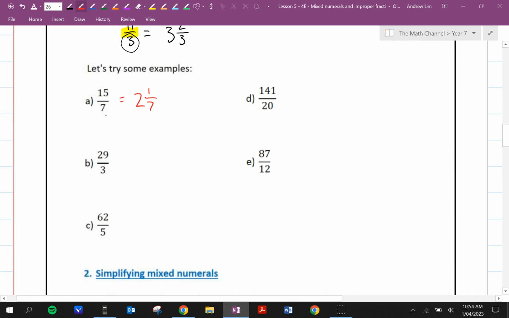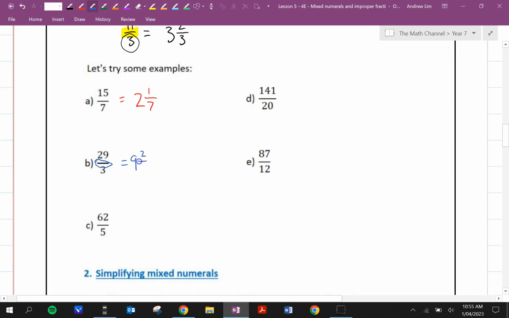Alright, pause the video. Have a go with B, C, D, and E. Right, that means divide. 29 divided by 3 is 9, remainder 2.